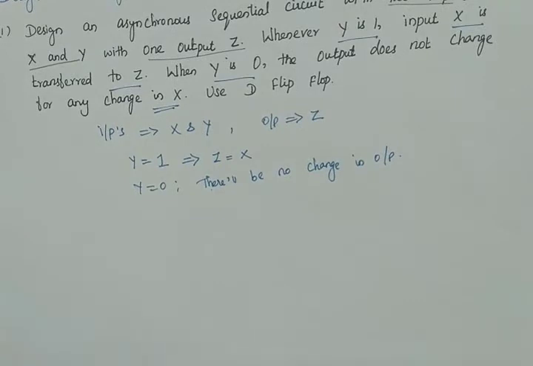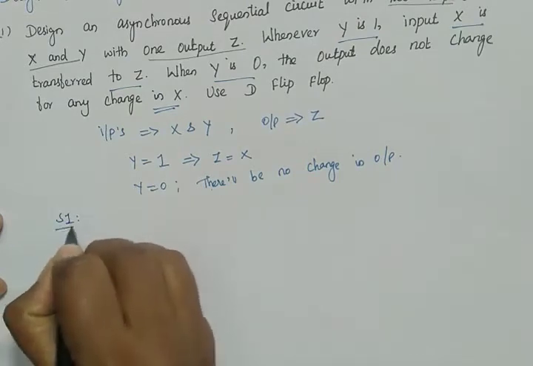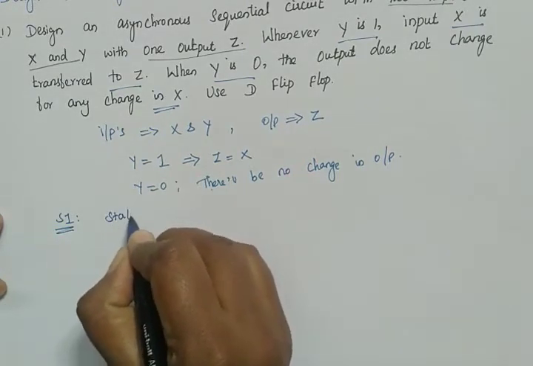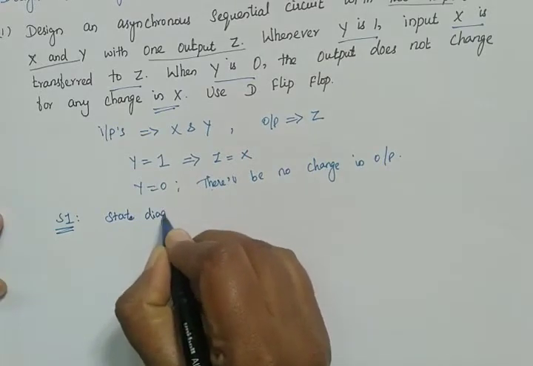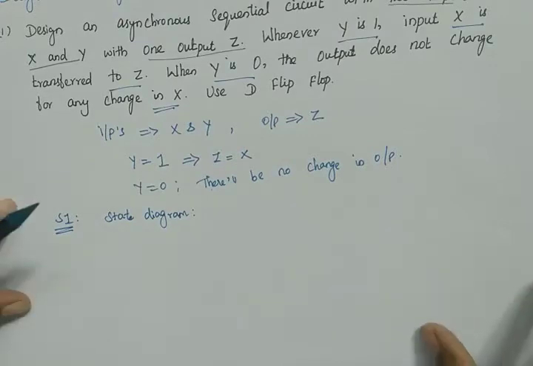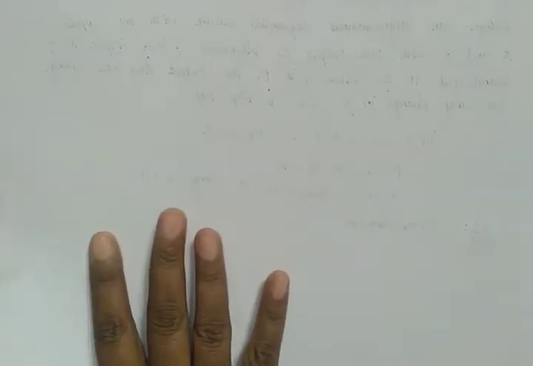Now we are going to solve this. Step 1 is we have to draw the state diagram. So here we have the following steps. First step is draw the state diagram. Let us write the condition.